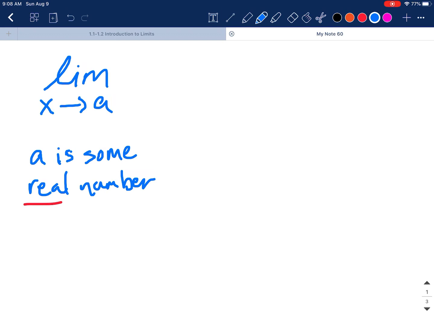Our function input x is going to be approaching that number. So the limit as x approaches a of f of x. We have to essentially declare what we are taking the limit with respect to. So we're taking the limit with respect to this function f of x as the domain value approaches a.